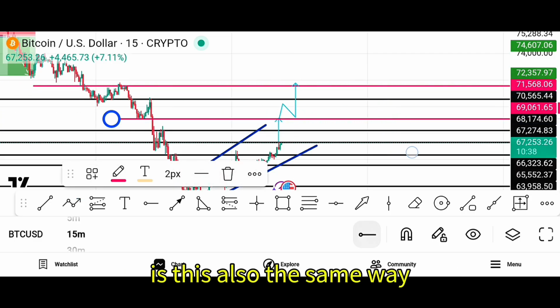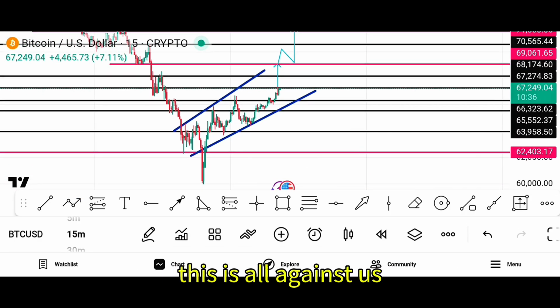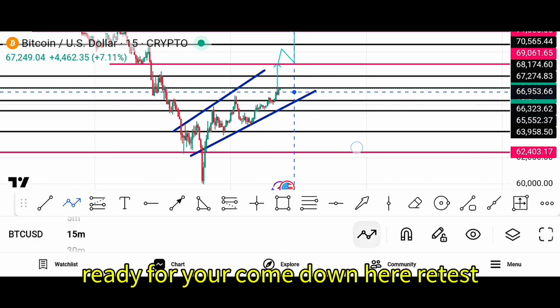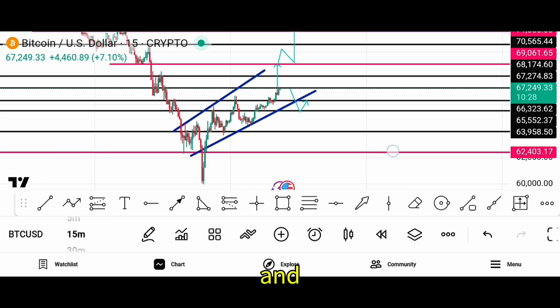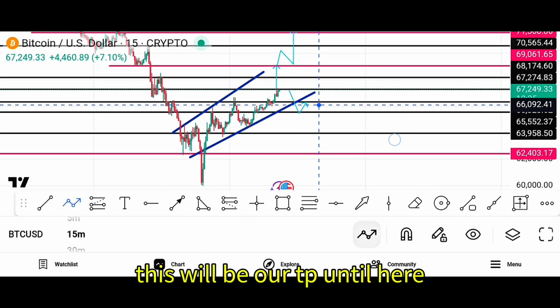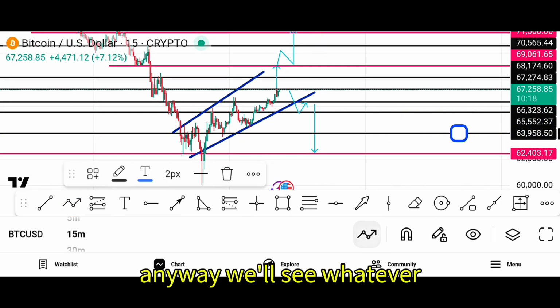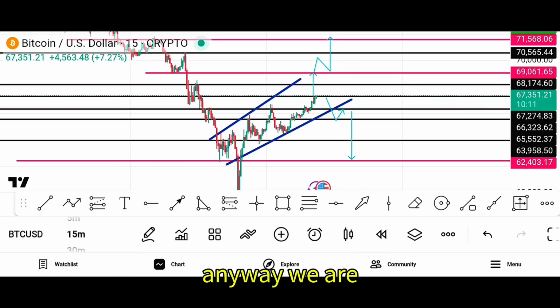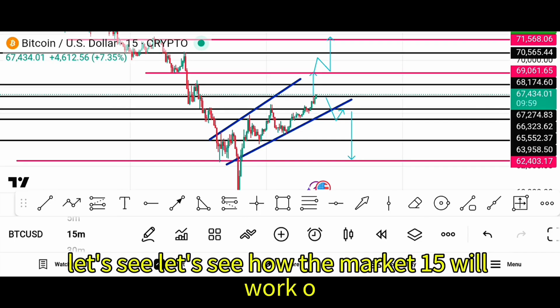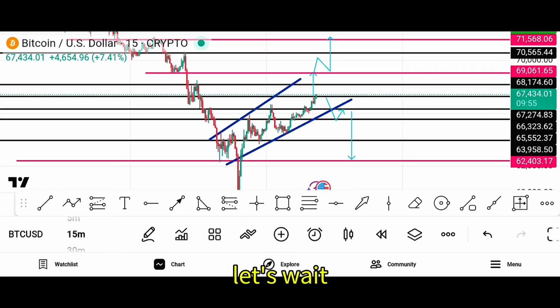This is also the same way, waiting for it to come down here, test, and this will be our TP. Our TP will be here. Anyway, we'll see what happens. We are not the market maker. That's how this will happen. Let's see how the market works, and then let's wait, guys.